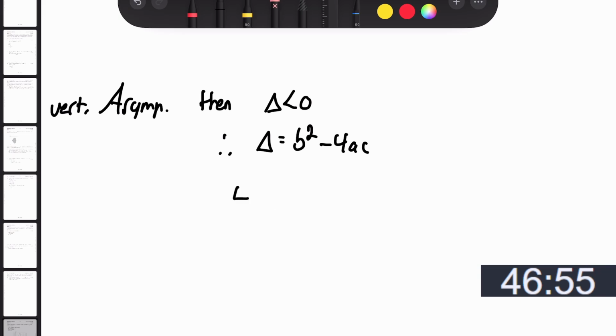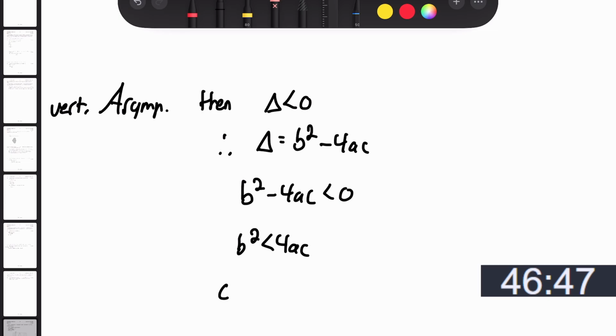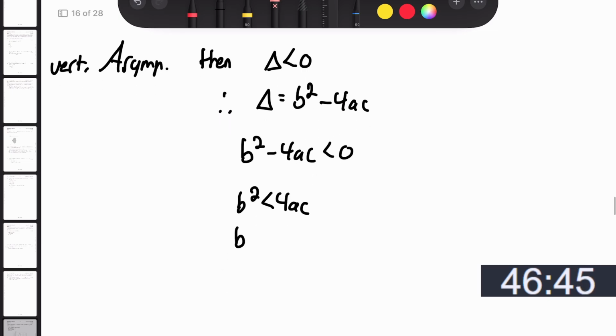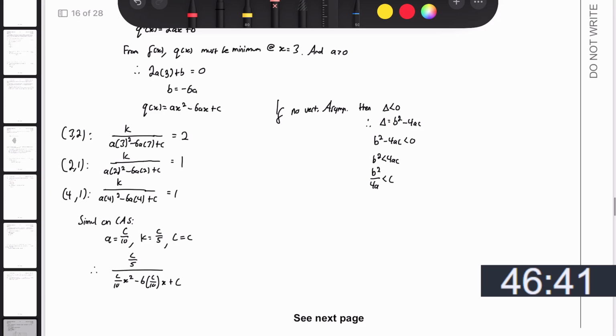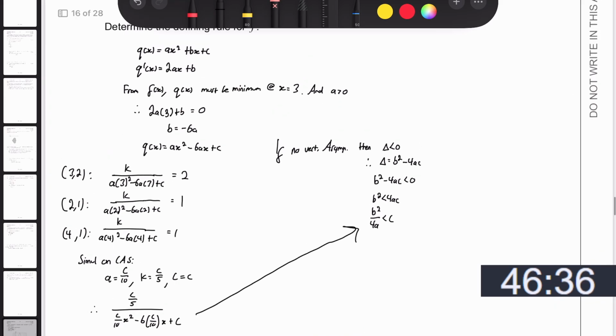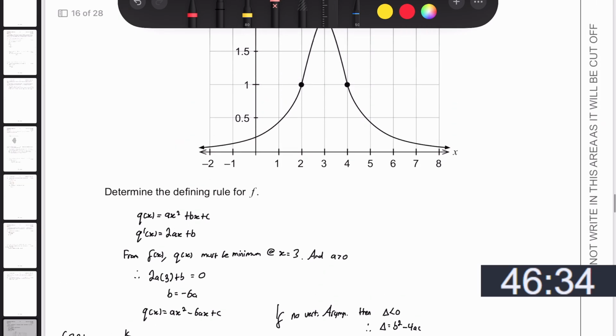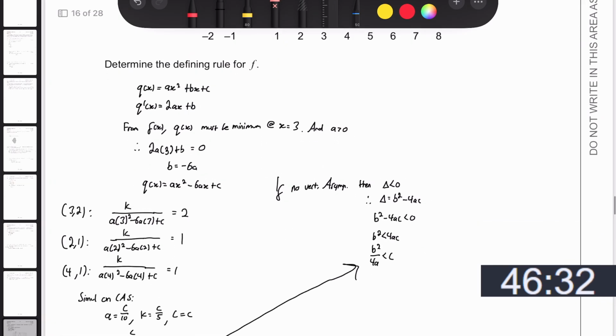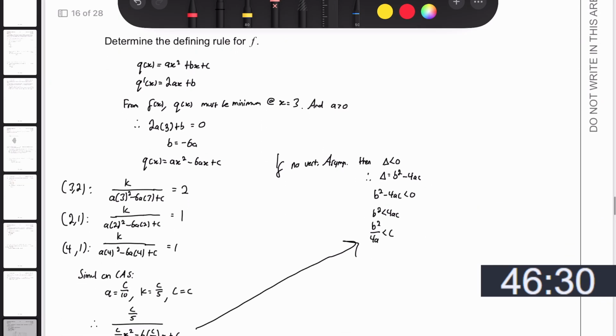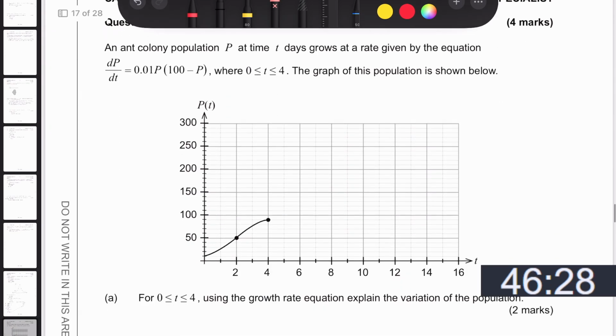So then b squared minus 4ac must be less than 0. So then c, b squared on 4a must be less than c. Not sure if this is the answer that they want, but it's the answer that they're going to get.